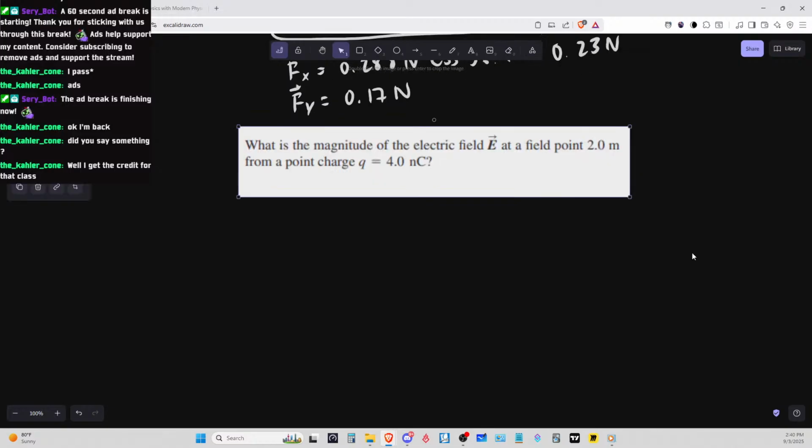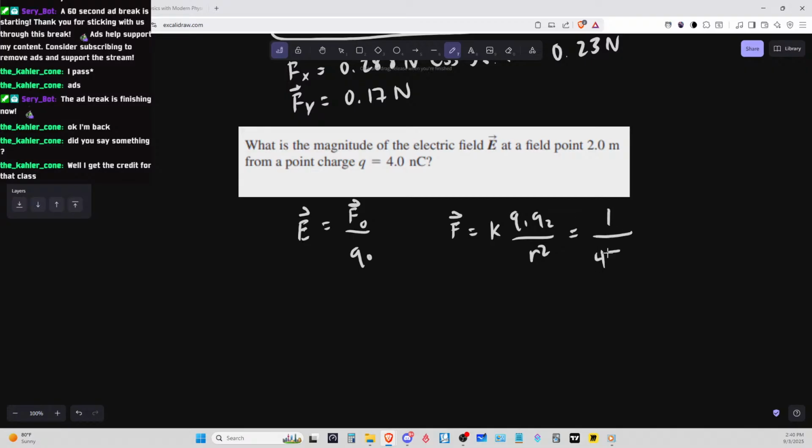Okay, so what is the magnitude of the electric field at 0.2 meters? So we have two equations. We have the electric field is equal to the force over the charge, and we also have Coulomb's law, which involves charge 1, charge 2, and the radius, and is also equal to 1 over 4 pi epsilon naught.